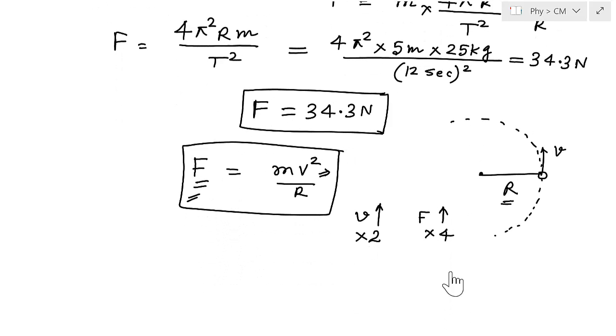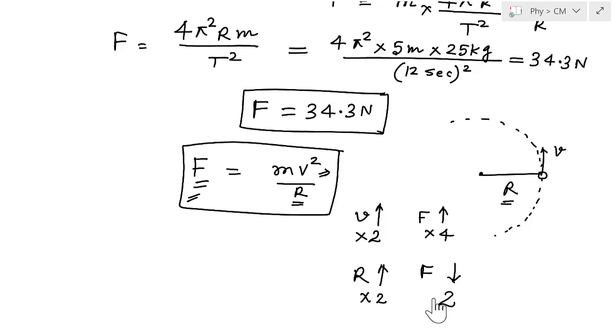Now similarly, if you increase the radius by 2 times, so this is my radius, so let me write here. If I increase my radius by twice, the force will decrease by 2 times because the radius is in the denominator.